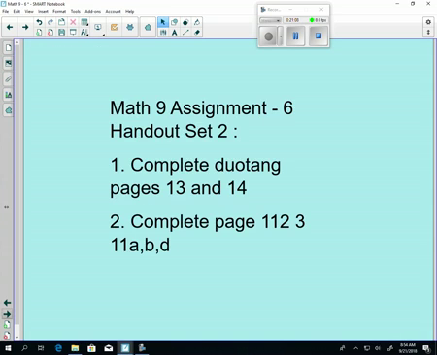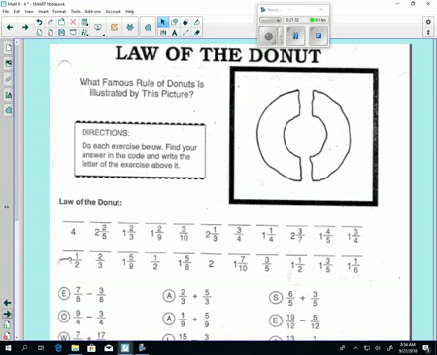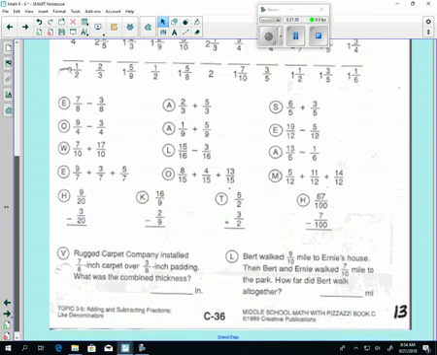We'll just move on to the last page of your assignment. You're using the same handout set that I gave you in the last lesson. You're going to complete this time a duotang, pages 13 and 14. And on page 100, I have to check that page. It's not 112, 13. So we'll look at it. Here's your duotang page, number 13.